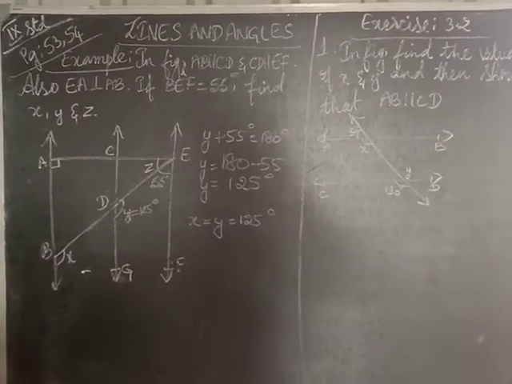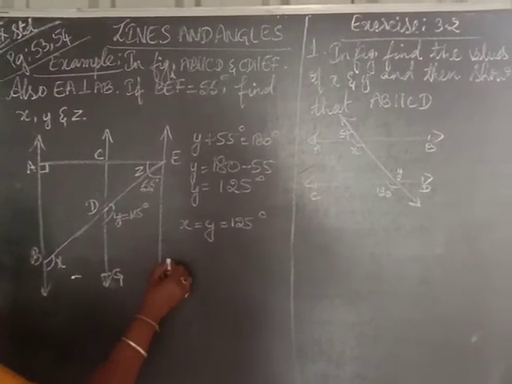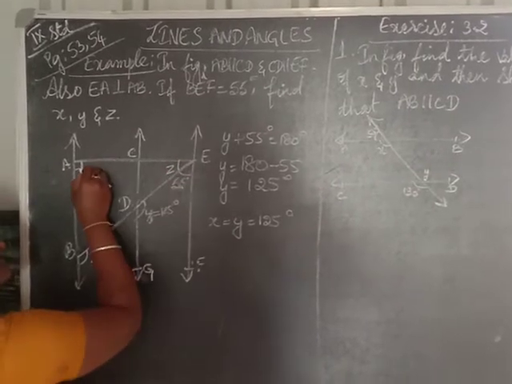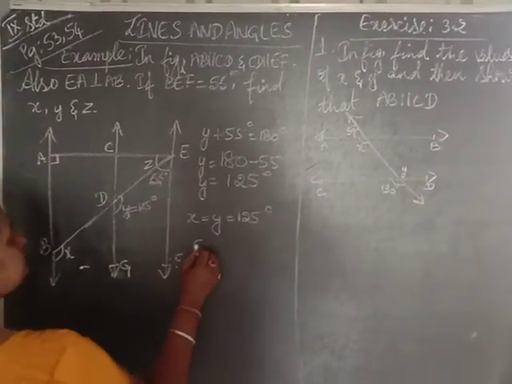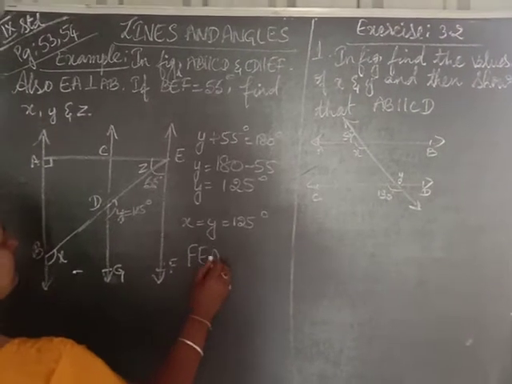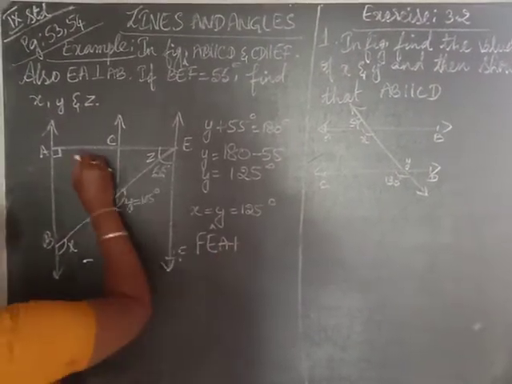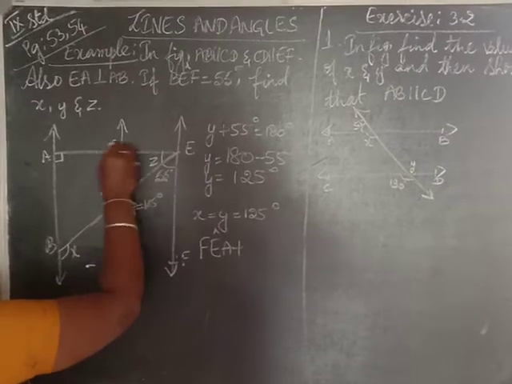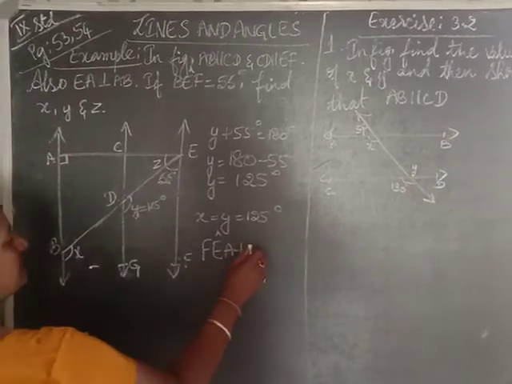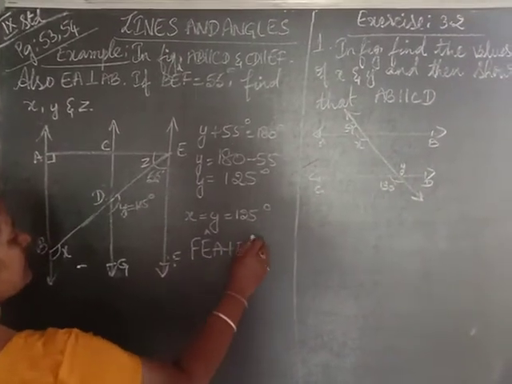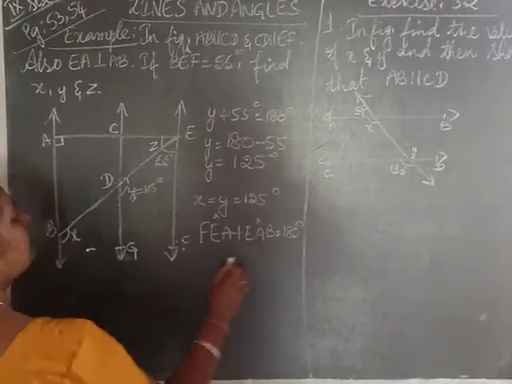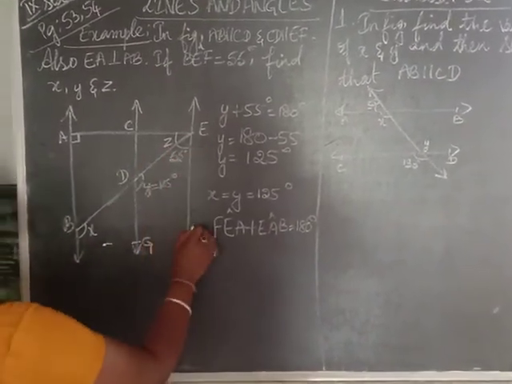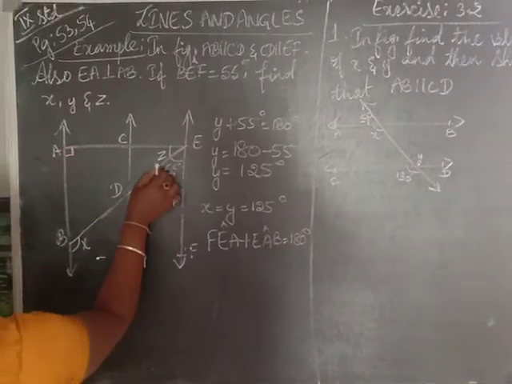So, since AB is parallel to EF, we can write the sum of these two angles, that is FEA plus EAB is equal to 180 degrees.